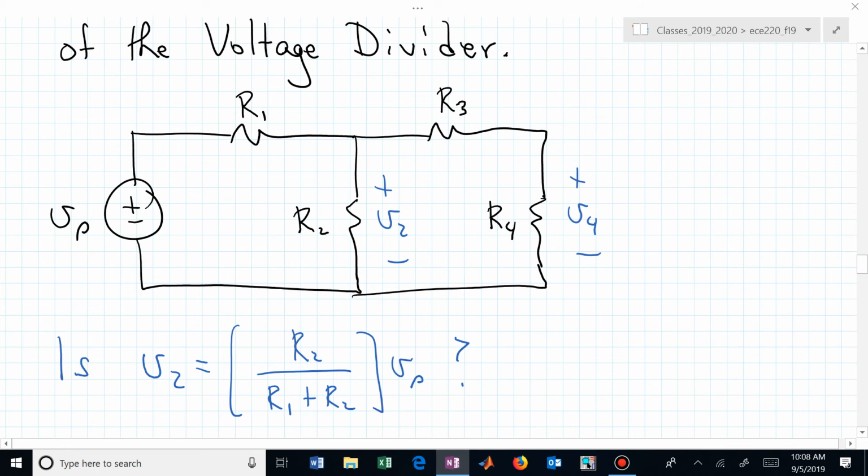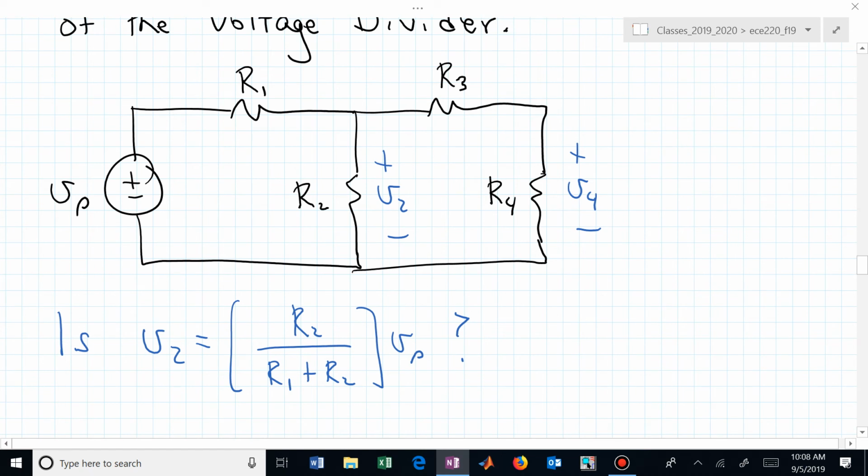Now do you see R sub L is actually R3 plus R4? That's now loading R sub 2, so V sub 2 is not this formula. Even though you want to apply it maybe, this is a big no.